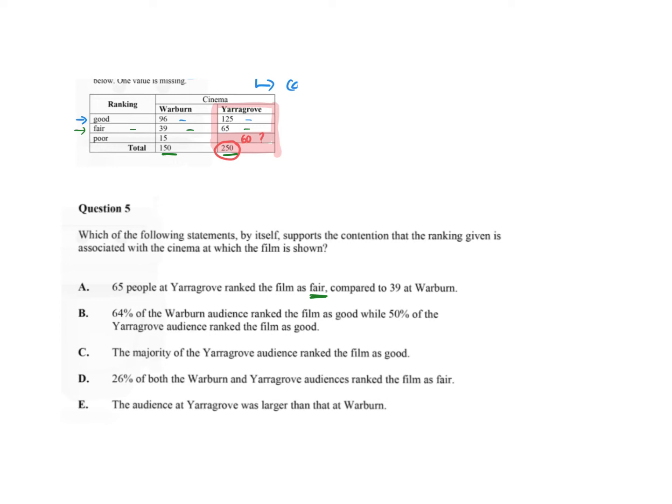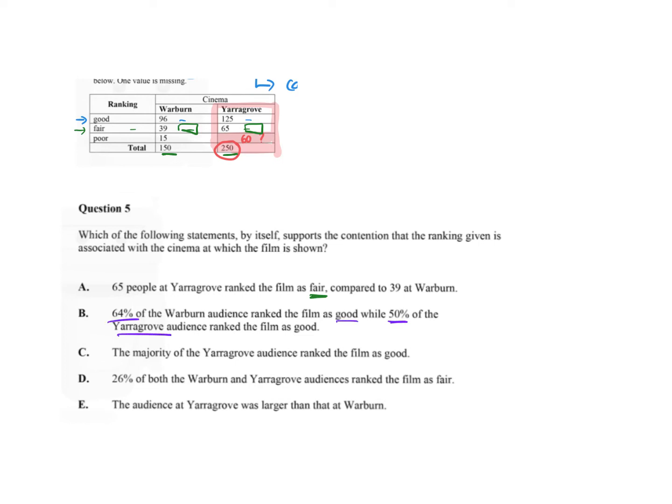If you changed these numbers to percentages, that would be better. So if we look at this second answer, it says 64% of the audience ranked the film good at Warburn, while 50% at Yarra Grove.